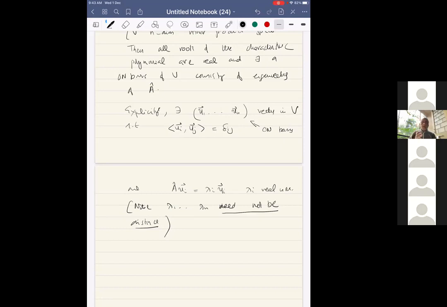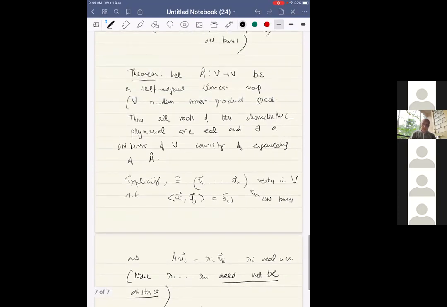So the characteristic polynomial P A hat of T will be of the form the product over i equal to 1 to n of T minus lambda i, where lambda 1 to lambda n are real numbers, not necessarily distinct. This is called the spectral theorem for self-adjoint linear maps.